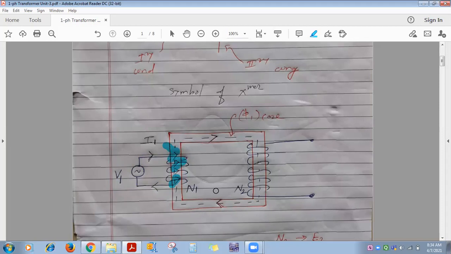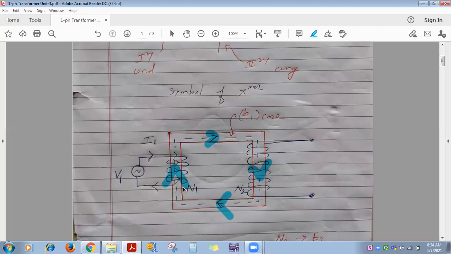So wrap the fingers in the forward direction. What you can find is the thumb of the right hand is pointing in upward direction. So through this left side limb, flux will flow in upward direction. Then like this. So what is the conclusion? Flux is flowing in clockwise direction through this magnetic material.